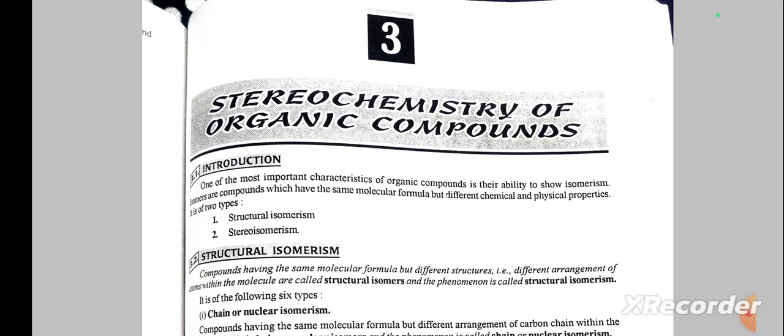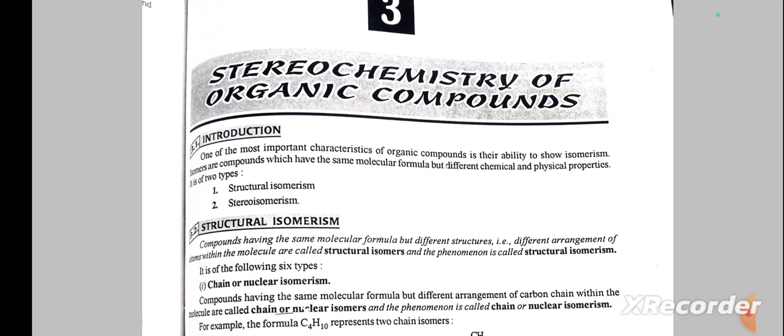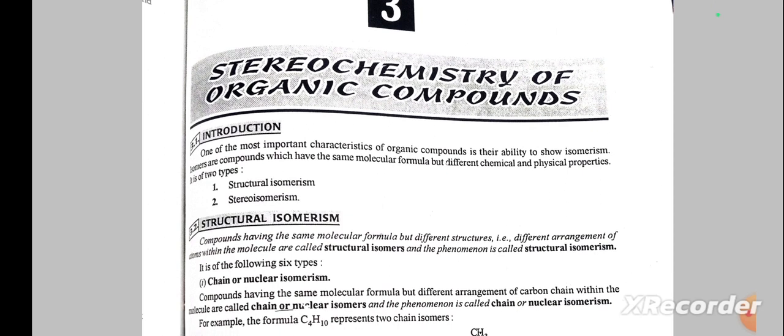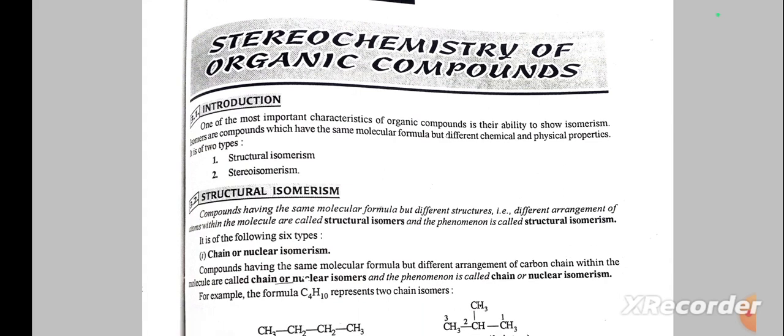Introduction. The most important characteristic of organic compounds is their ability to show isomerism. Isomers are the compounds which have the same molecular formula but different chemical and physical properties. It is of two types: structural isomer and stereoisomer.